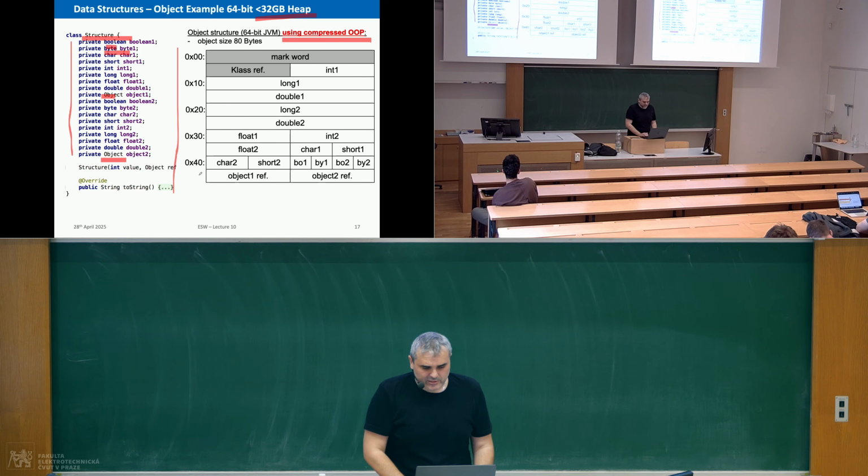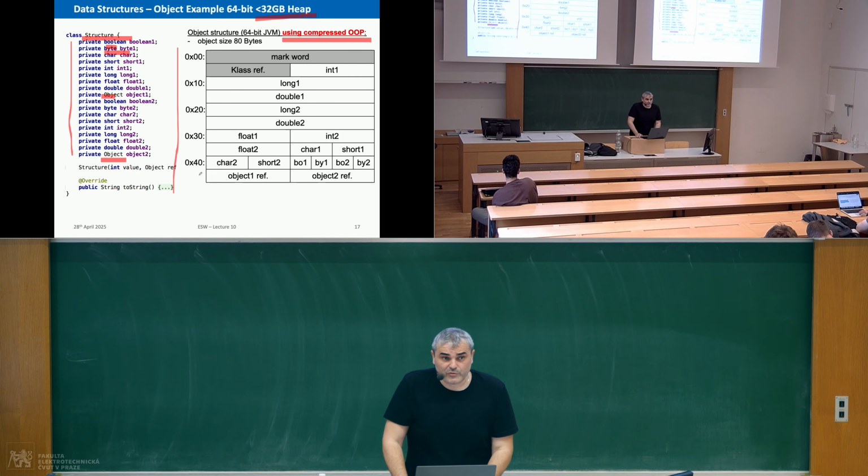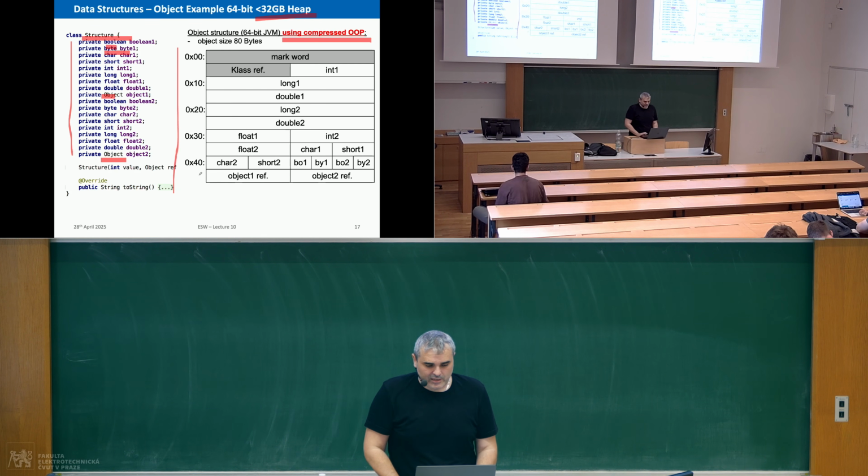You can see that the size of this object is 4F in hexa, so 80 bytes decimal. And you can see that there is a collocation of longs and doubles here, even though they are defined here, here, and then down here.